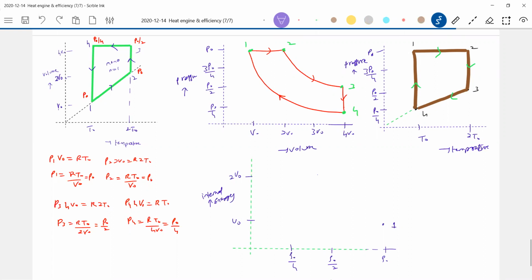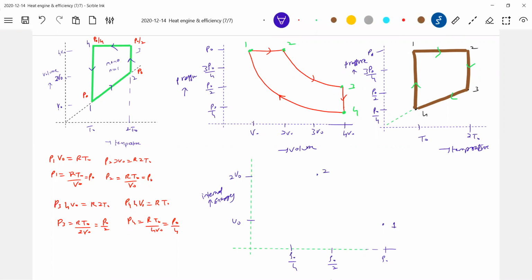Okay, there's point 2. Point 3, 2 U naught, rho naught by 4. Okay, there's point 3. Point 4, rho naught by 4 and U naught.